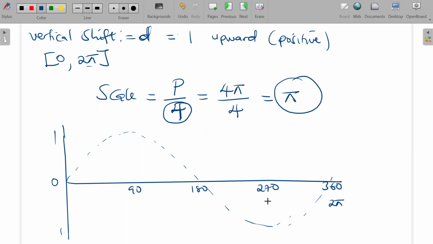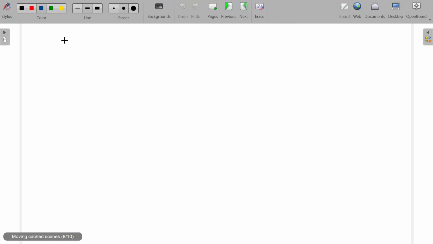Then here this is going to be 3 pi over 2, this is pi, and this is pi over 2. This one is in radian measure, this one is in degrees. So this is the sine x graph. Now you are sketching this graph they've given you, and it is f of x is equal to -2 sine.